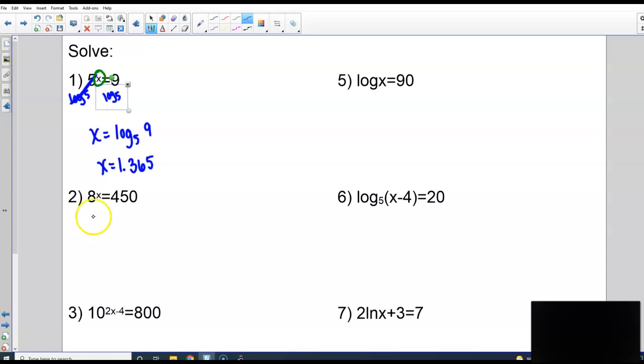All right, on this next one, we got a base of 8. So I'm going to do log base 8 on both sides here. And so log base 8 and 8 are going to cancel each other out, and I just have the x. And it's going to equal log base 8 of 450.